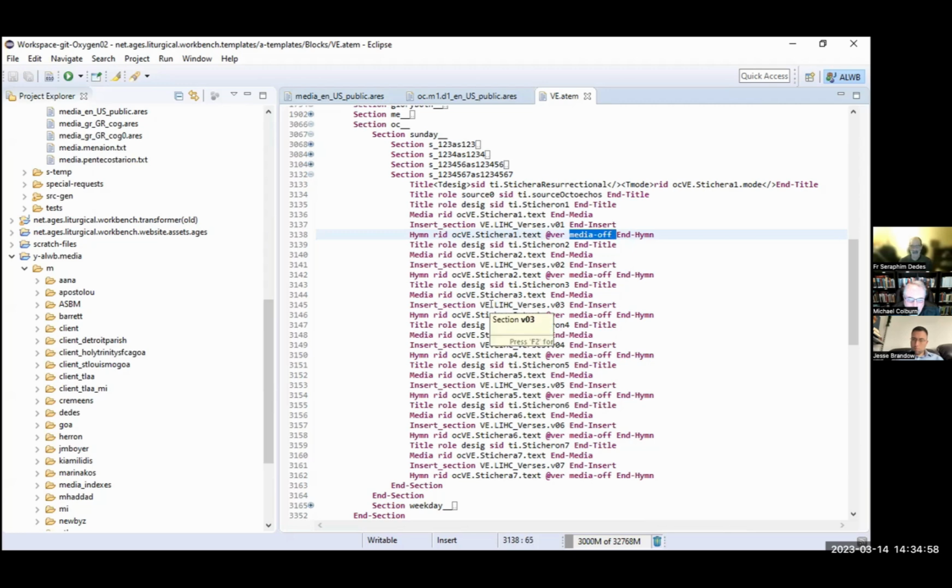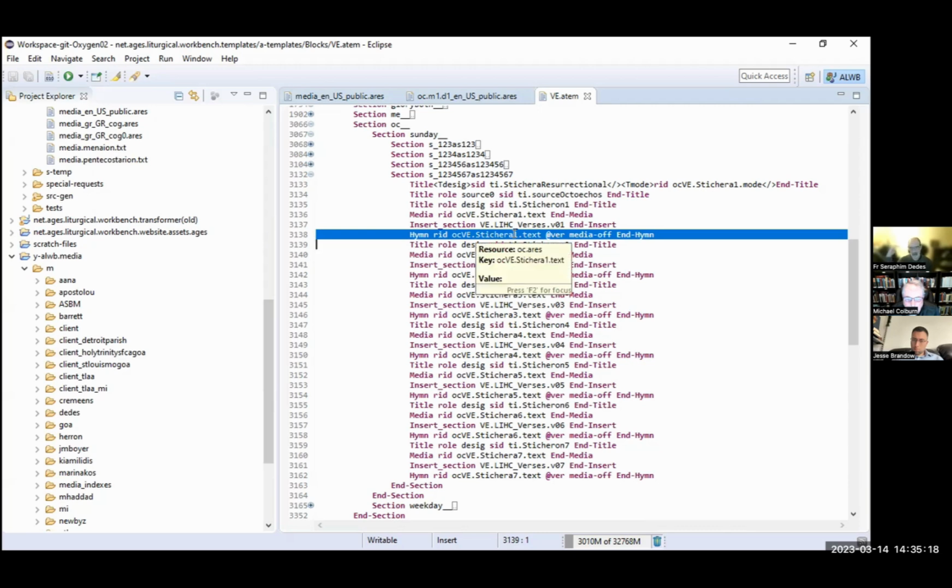What does that mean? This is going to be a difference between ALWB and Doxa. In ALWB, I asked Michael early on that whenever we use the object hymn, automatically right above it would be the media links, because presumably every hymn would have them.